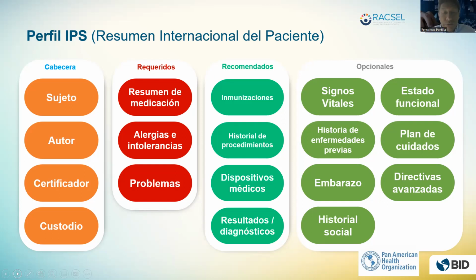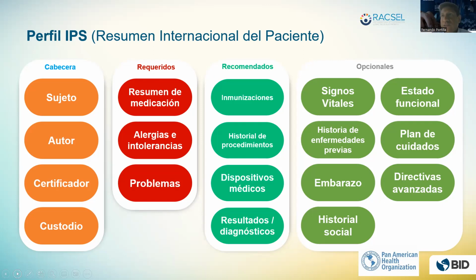It does help when it comes to the consensus of the minimum data set. So this is, in summary, the consensus of the minimum data set. From left to right, it begins by specifying what's the data. For those who are not acquainted with this, or with CDA, or with a clinical document, on the left-hand side it basically talks about the header.